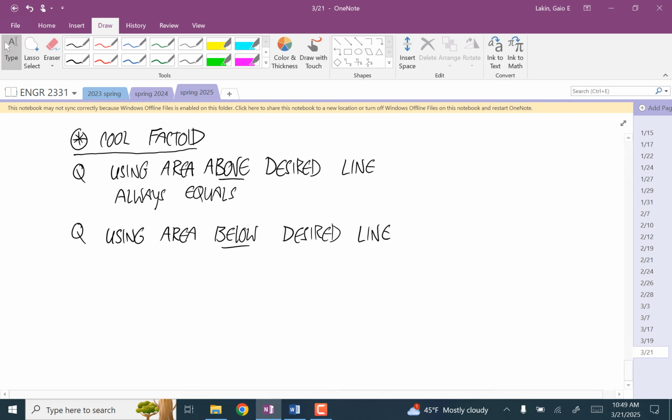Okay, so let me draw a picture of this. So let's say this is our cross section, and this is our neutral axis.